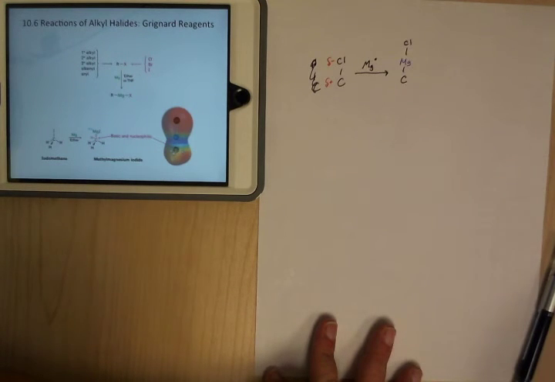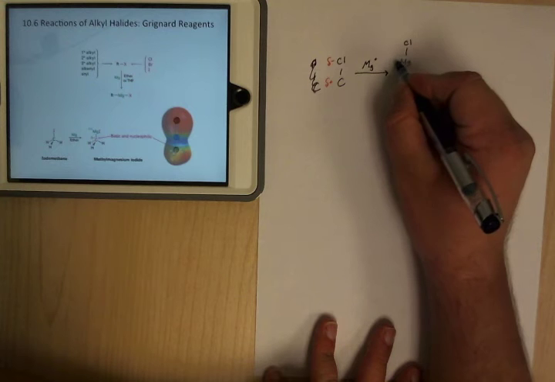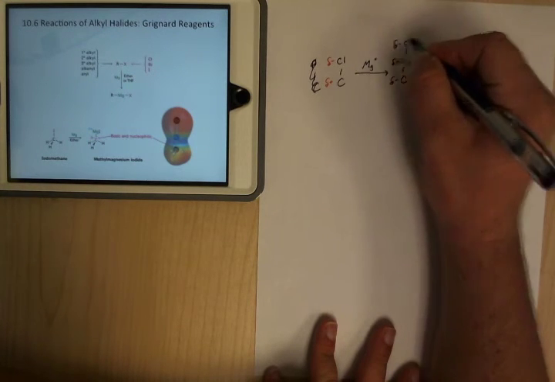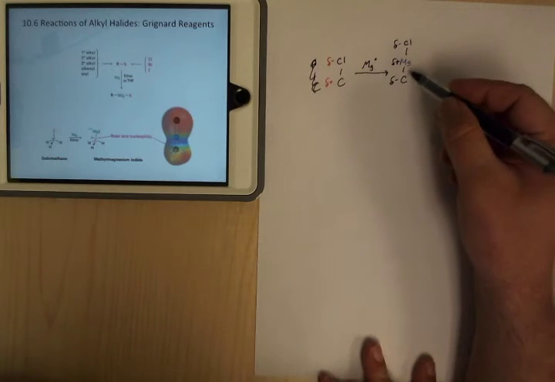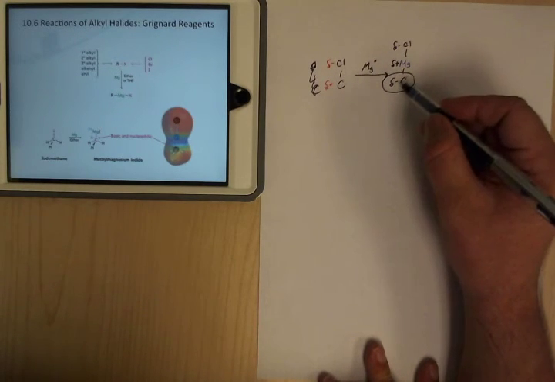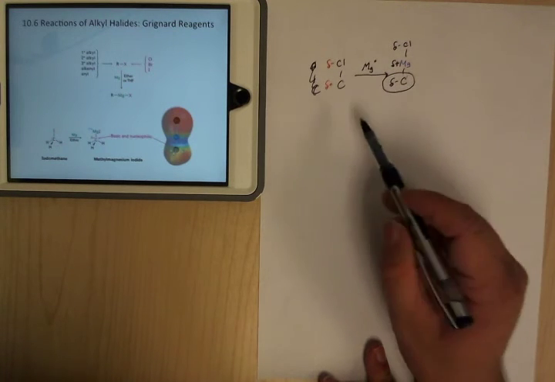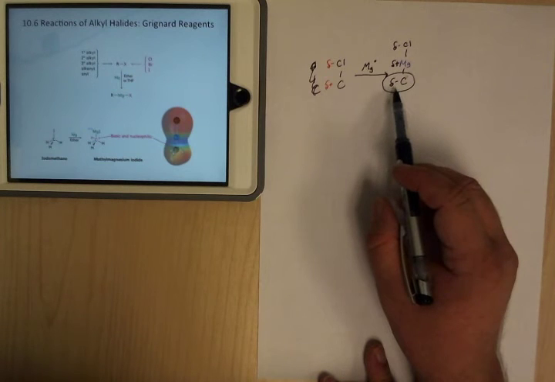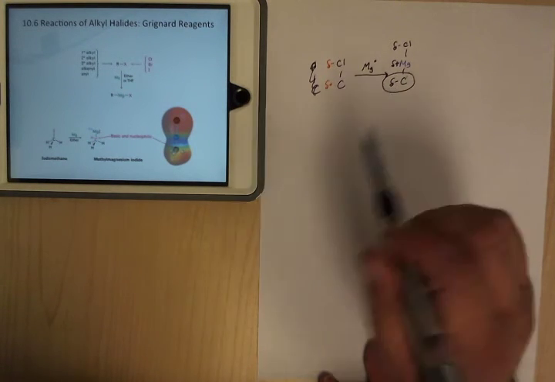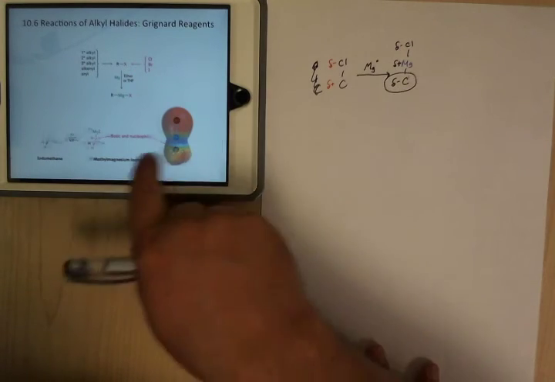So the carbon, which had a partial positive, now gets a partial negative. The difference between these two is now different, and so now you've made a carbon with a negative charge on it. You've swapped the carbon with a partial positive for a carbon with a partial negative, and so this becomes nucleophilic.